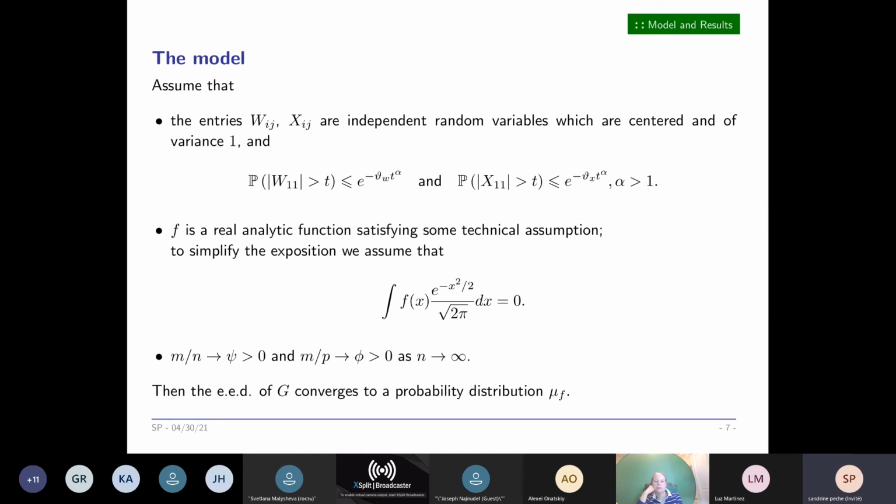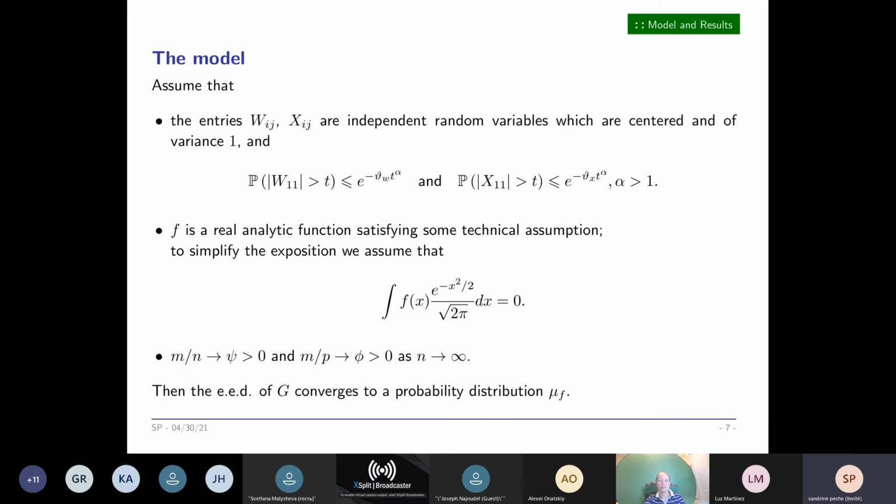Because of the assumption on the entries of W and X, we have to make some rather sharp assumptions on the function f, which is real analytic, and there are some more conditions. And here for ease, I will assume that the function f is centered with respect to the Gaussian distribution. This is not needed because this is simply a rank-one modification of our matrix.